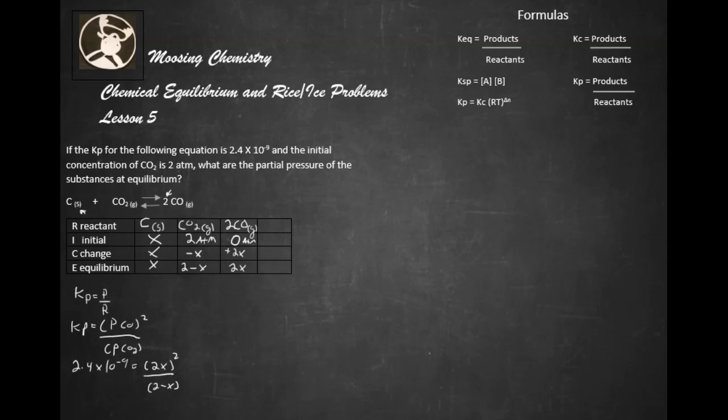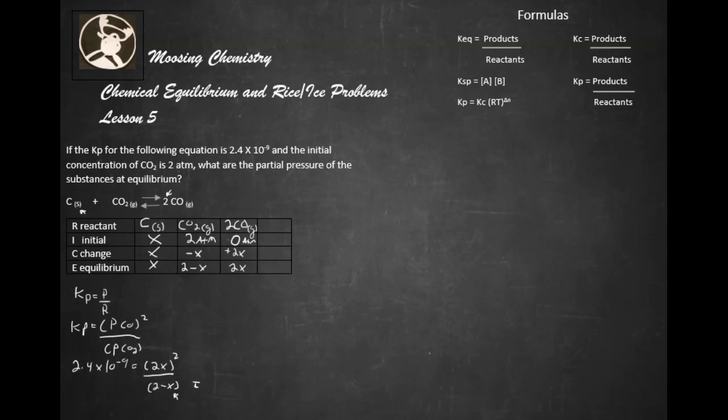All right, so now we're going to continue on with our math, and we're going to throw this x out. Now let me show you why you can throw this x out right here.